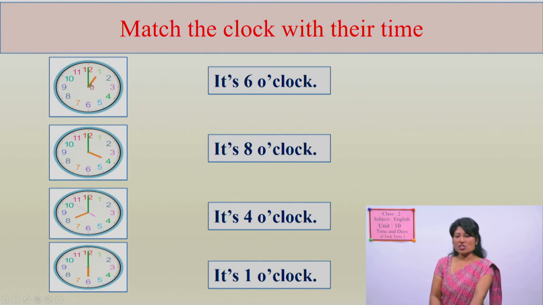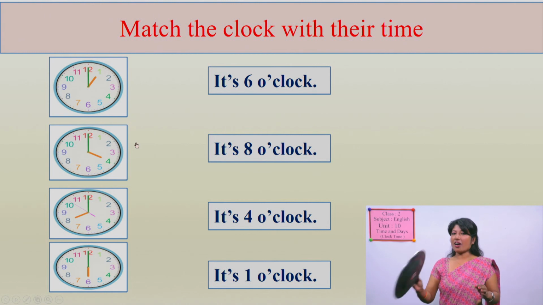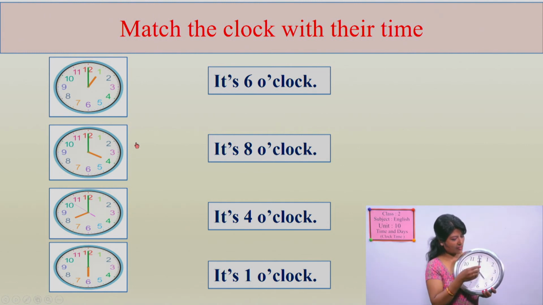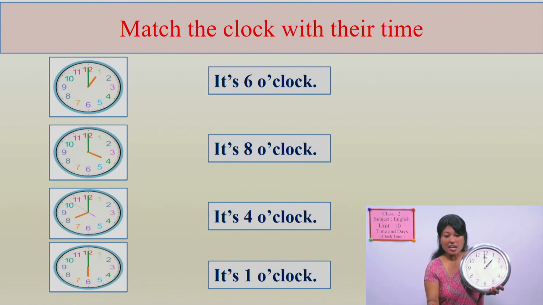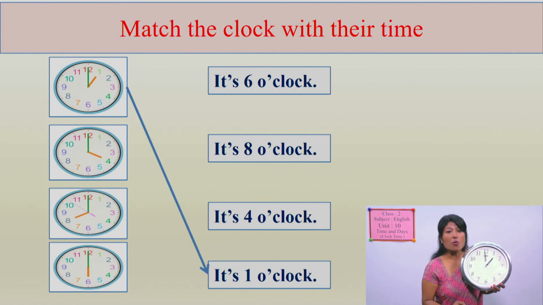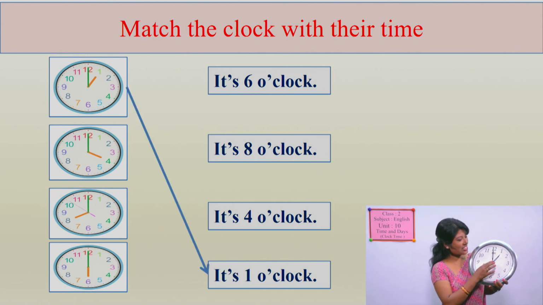Number 1, the picture shows which time? The longer hand is at 12. The shorter hand is at 1. What time is it? It's 1 o'clock. Obviously, 1 o'clock.